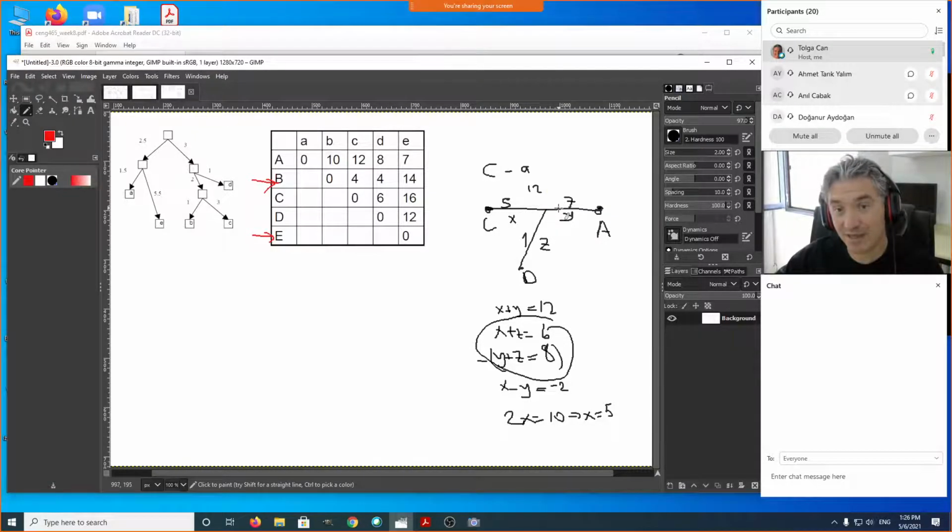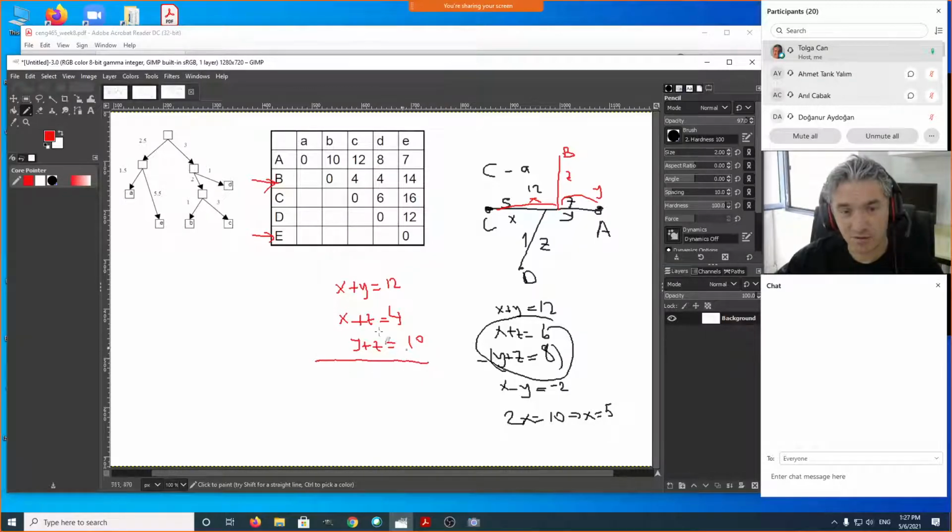So let's see what will happen when we try to add b between a and c. So x is here, this is y, this is z. x plus y is again 12. x plus z is the distance between b and c, which is 4. And y plus z is the distance between a and b, which is 10.